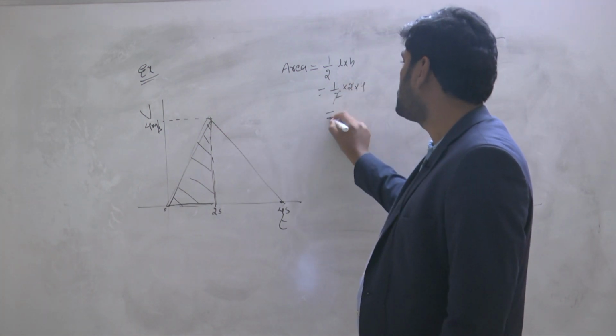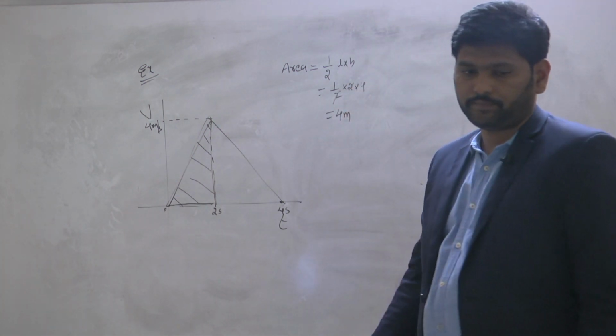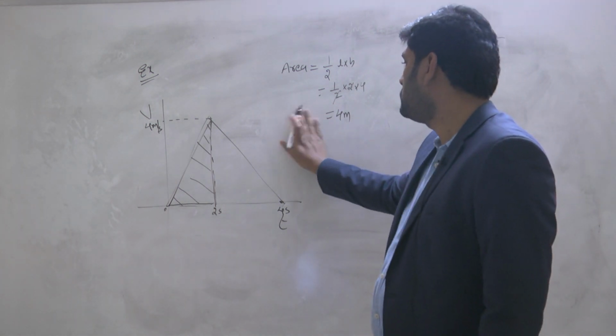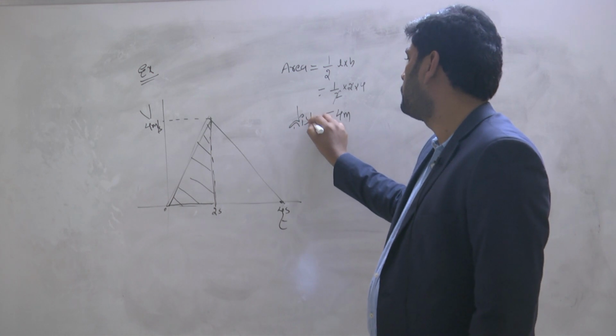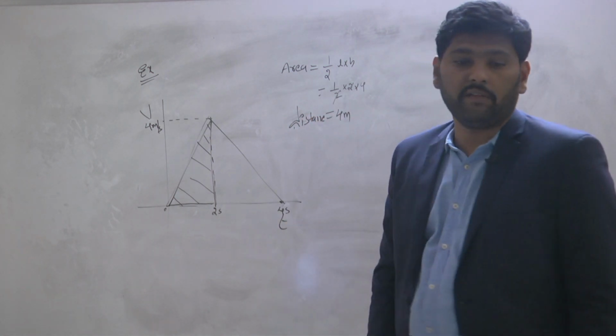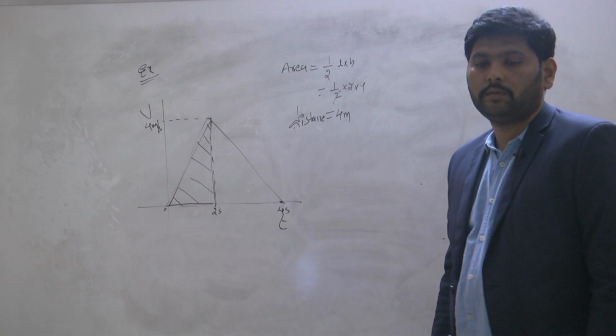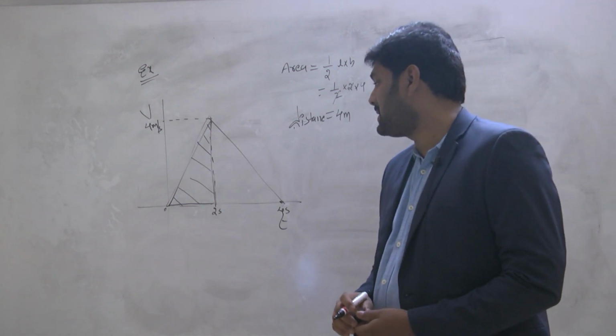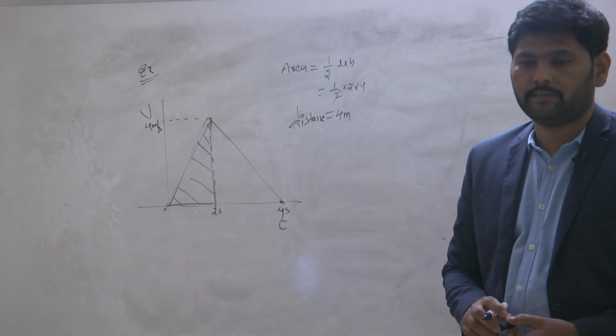So 2 gets cancelled, and the area is 4 meters. Similarly, area represents distance. In 2 seconds it travels 4 meters.